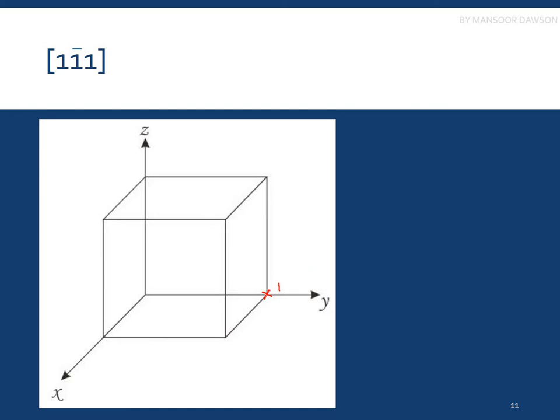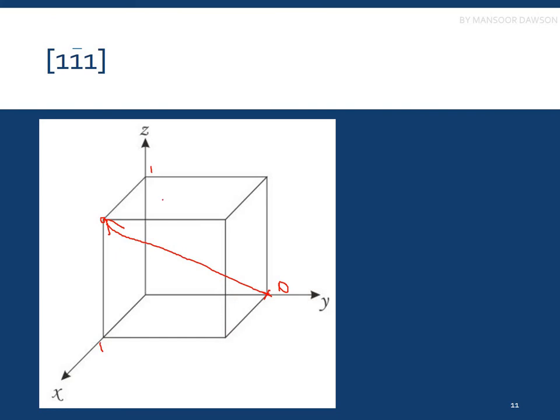So we'll be going here -1. This is 0 of y now. This is 1 of z and 1 of x. From this origin we'll be going -1 towards y, then 1 towards x, and then 1 towards z. So this would be our final point. So this is our direction for 1 bar 1.